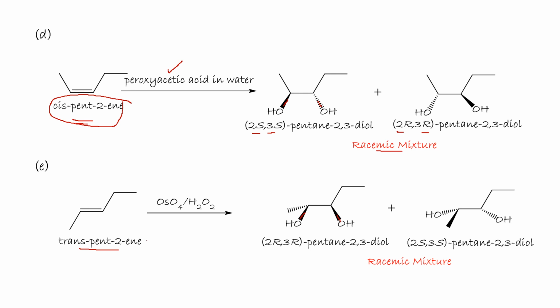When we start with trans but osmium tetroxide and hydrogen peroxide adding OHs syn, notice we get the same 2R,3R and 2S,3S. Here we start with cis, and the reagent gives anti-addition. Here we start with trans, but the reagent gives syn addition, and the products are the same.